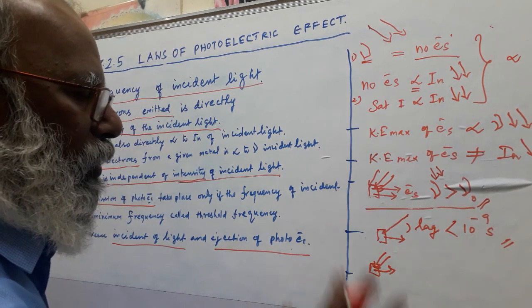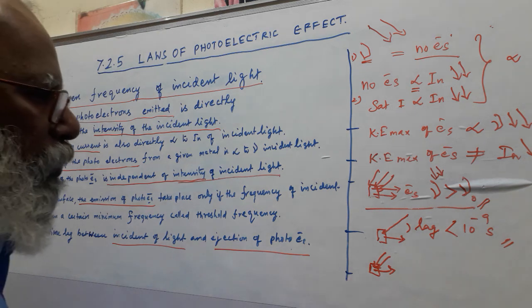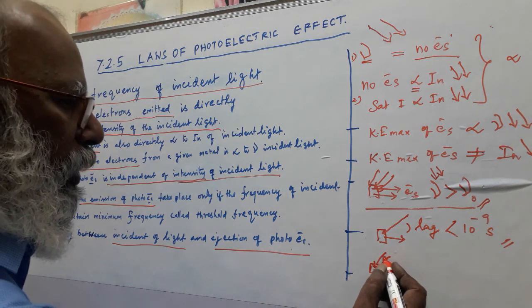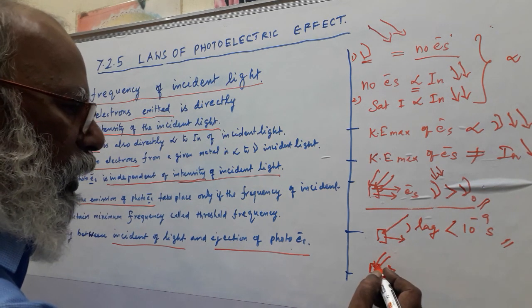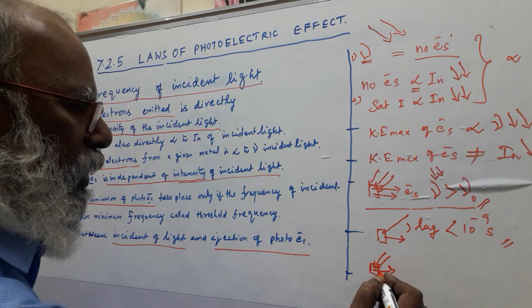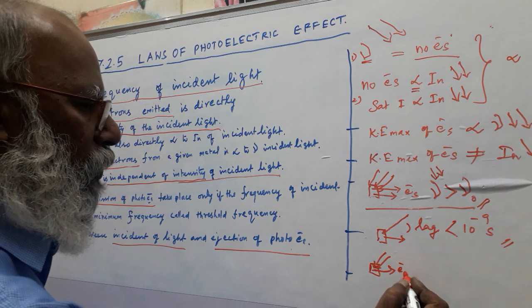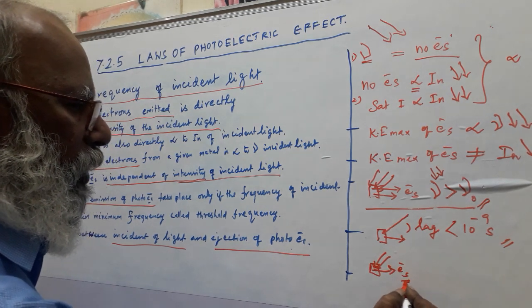There is no lag. That's a very important concept. In other words, in a very simplified manner, there is no time gap. It is an instantaneous process. Whenever the incident light hits the surface of the metal, then instantaneously the photoelectrons are ejected.